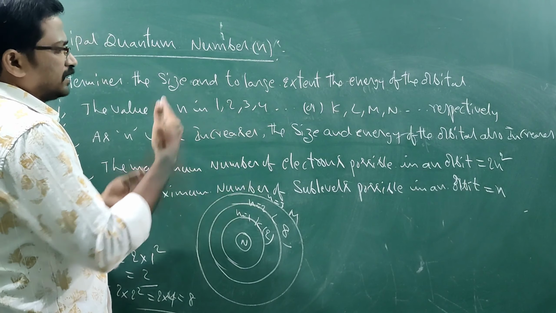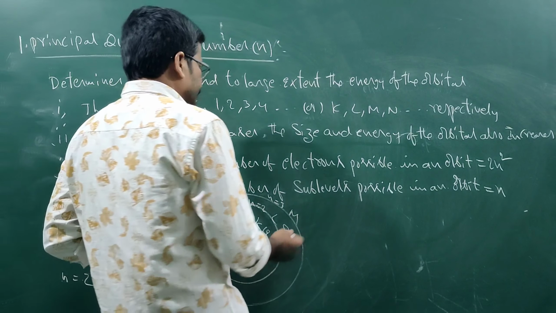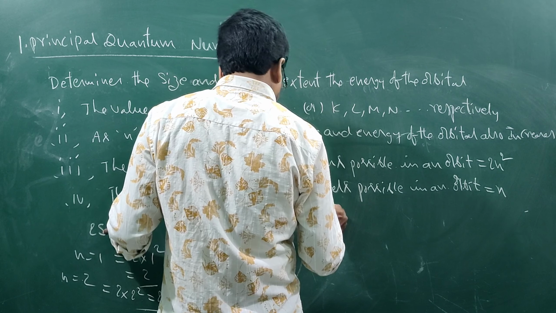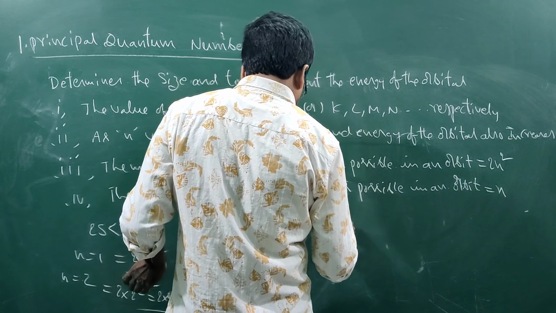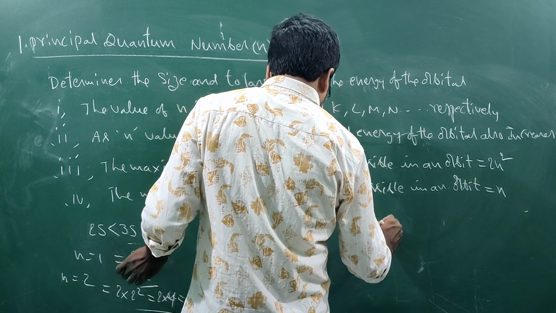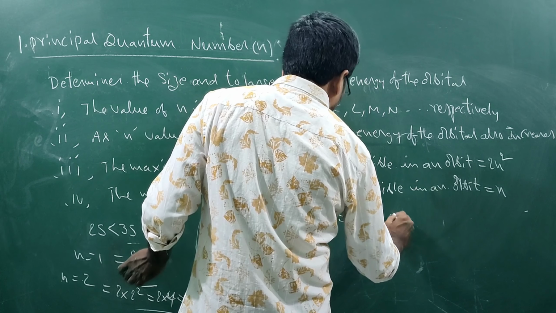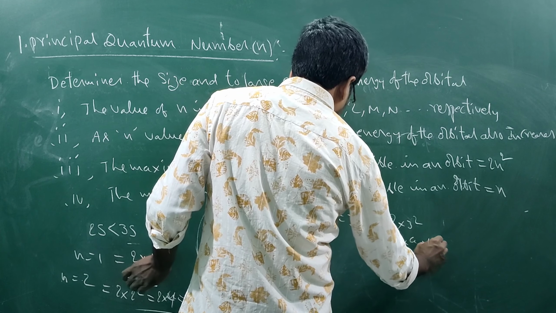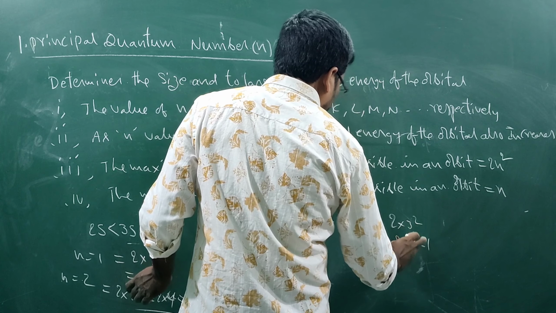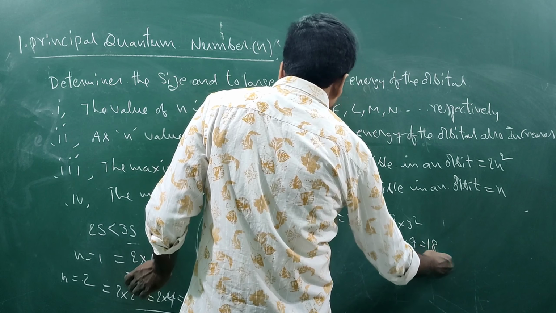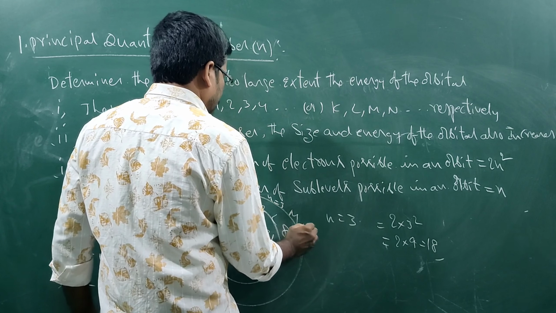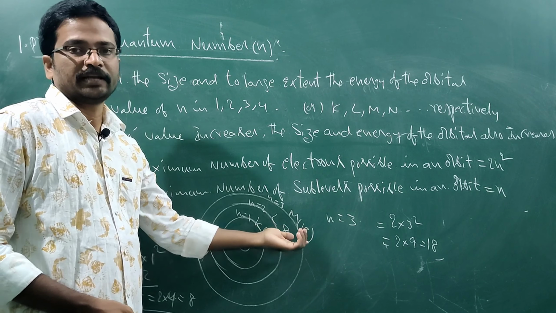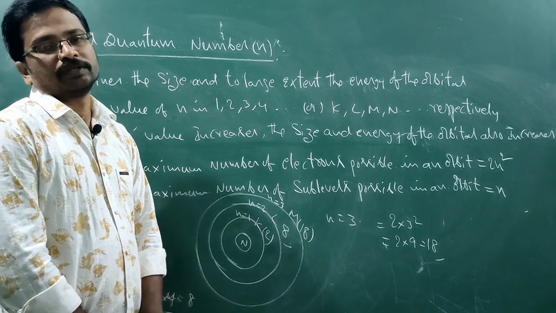Like that, you can calculate the next one. For n is equal to 3, substitute into 2n square: 2 into 3 square is 2 into 9, that is 18. So 18 electrons are allowed for the third shell.